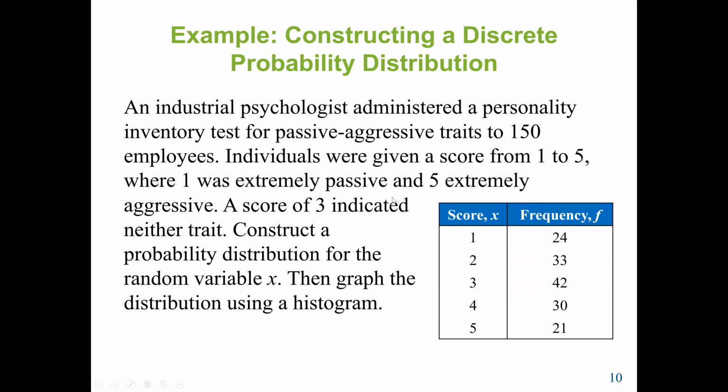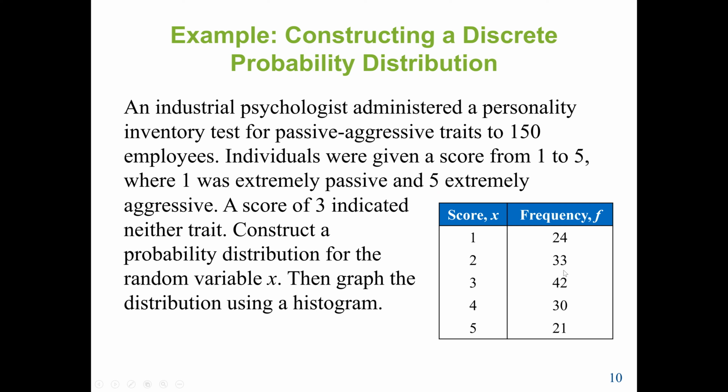So when we follow the 4 steps, the first thing we need to do is know the frequency of each outcome. The next step, let's find the total frequency. Then we divide each score. Let's say score 1, the probability will be 24 divided by the total.